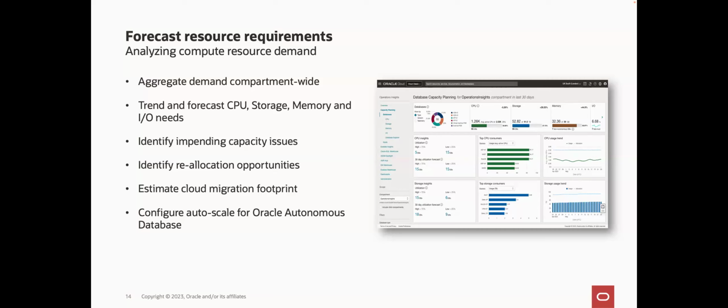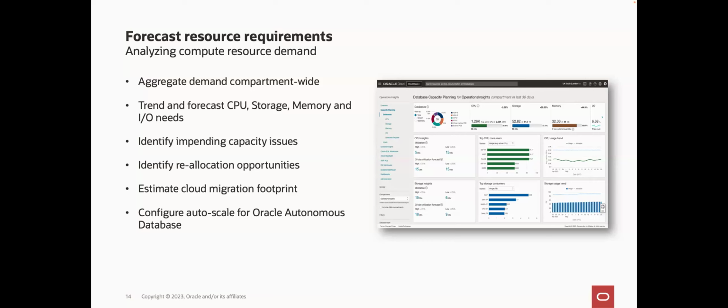What you see on the right-hand side is the landing page of the database capacity planning app. If time permits, I will quickly run through it. I'll demo this towards the end of the webinar, if there is time. What you see is the insights we provide to the user in terms of the databases that are enabled.